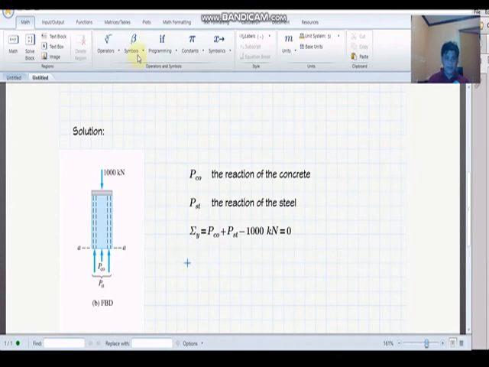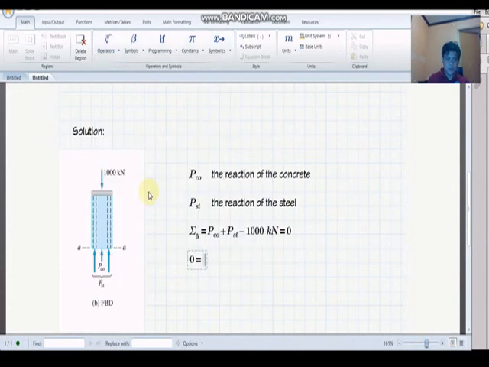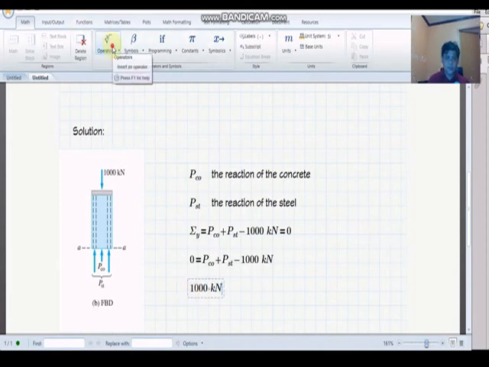So now our equation would be 0 equals PCO plus PST minus 1000 kilonewton. So let's rewrite the formula. We have now 1000 kilonewton equals PCO plus PST.